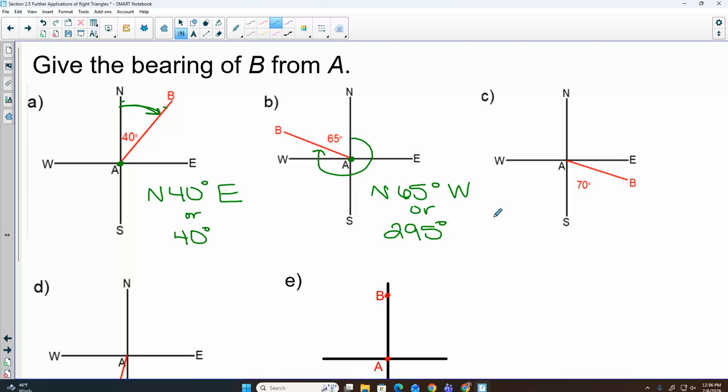All right, third one, from A to B, how far do we go? So we travel south 70 degrees to the east, or from due north, how many degrees would this be?